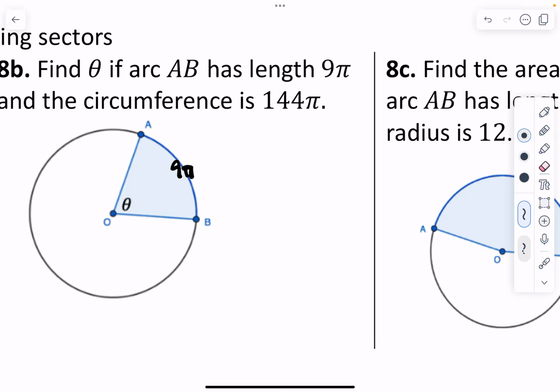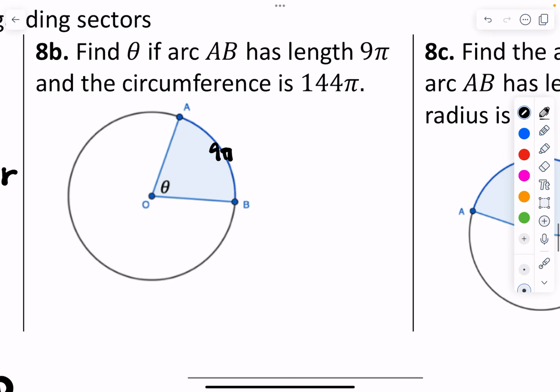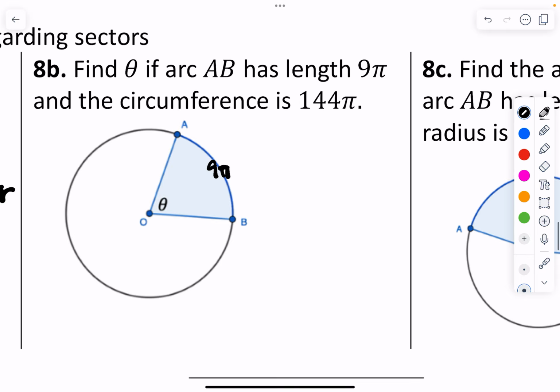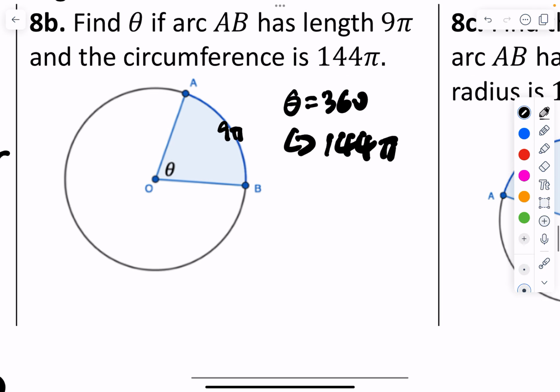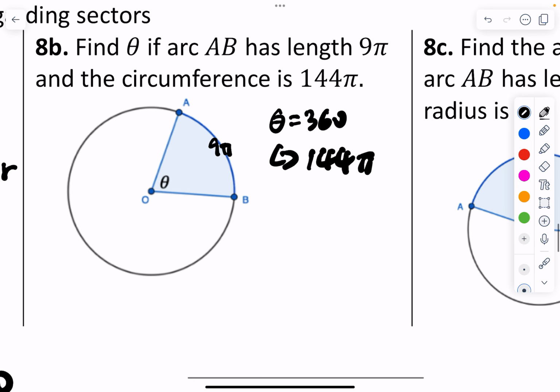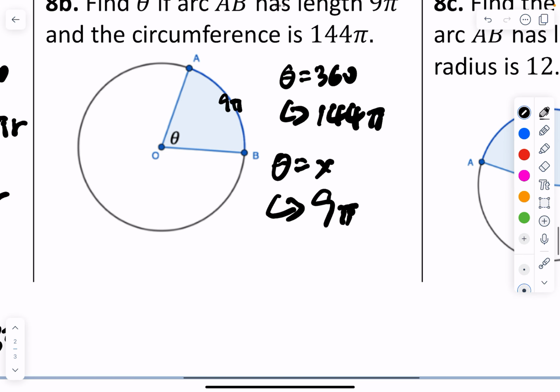So theta, okay. Circumference happens when theta is equal to 360. So when theta is equal to 360, we have a circumference of 144 pi. However, if we only want a section of the circle, in other words, when theta is equal to x, we have a length of 9 pi.